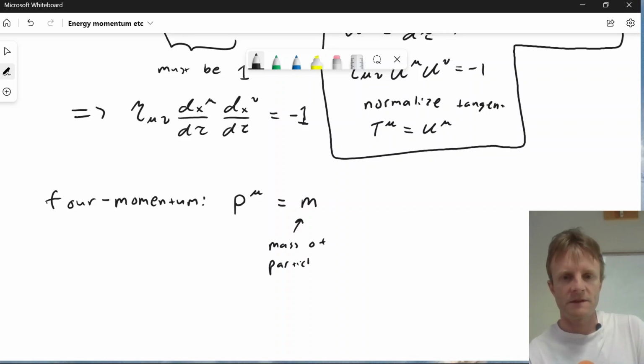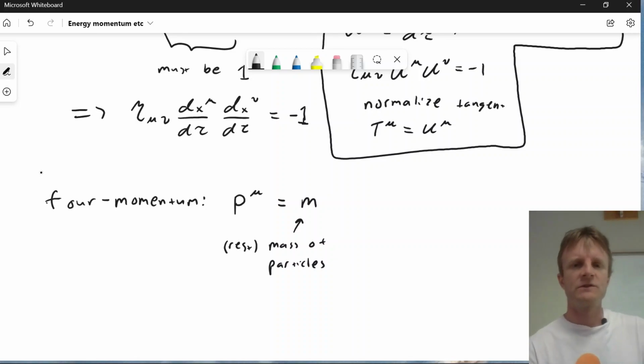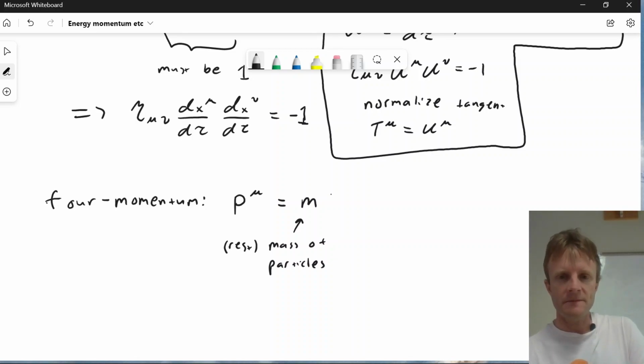Sometimes this is called rest mass. We're not going to say rest mass because that kind of implies there's some other kind of mass. And in older books, they talk about a relativistic mass. It's not standard anymore. So we just say this is the mass. And it gets multiplied by the 4-velocity.